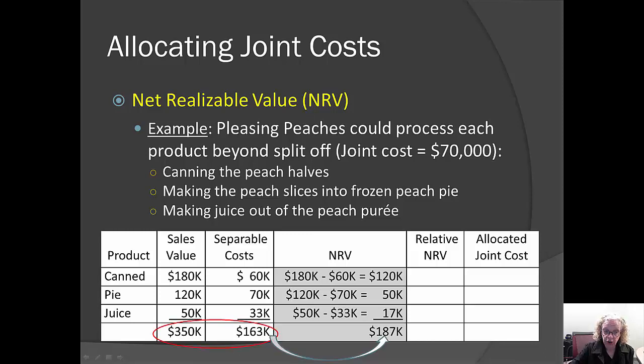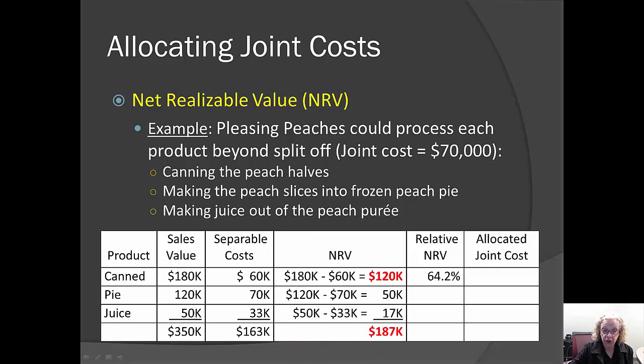We can also check to make sure that the total difference between sales value and separable costs is equal to the sum of the individual differences to check for math errors.